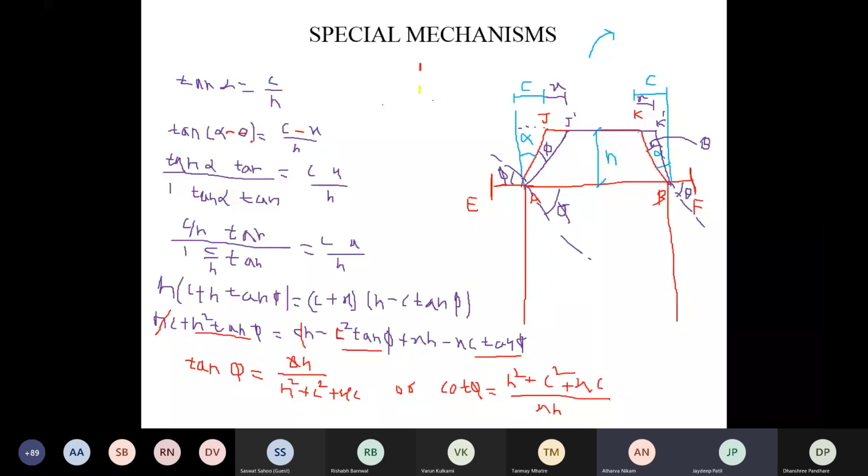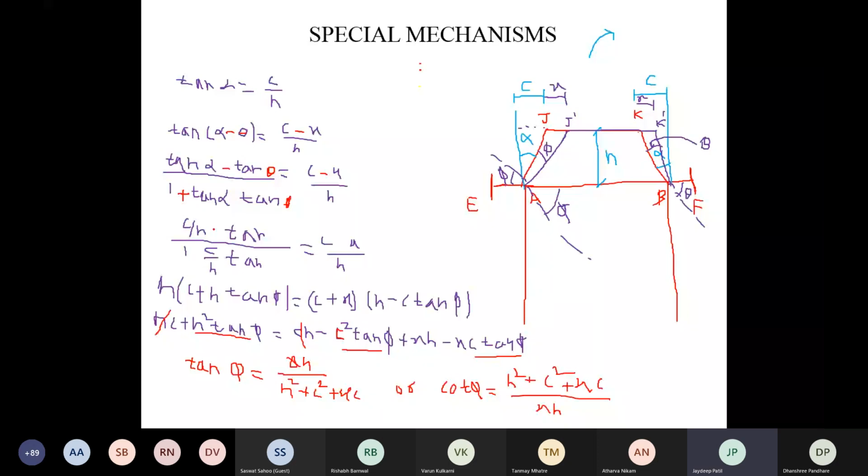Tan alpha minus tan theta upon 1 plus tan alpha into tan theta. Correct, is equal to c minus x. Now you have to put the value of tan alpha is equal to c by h.